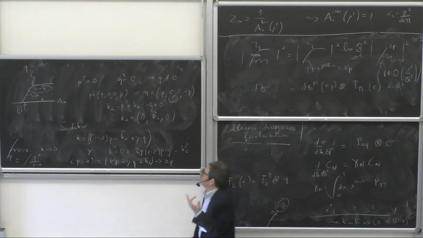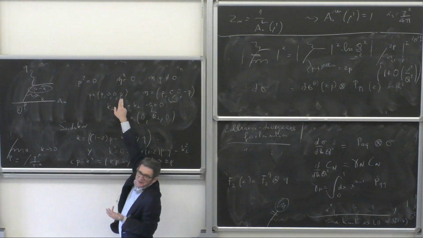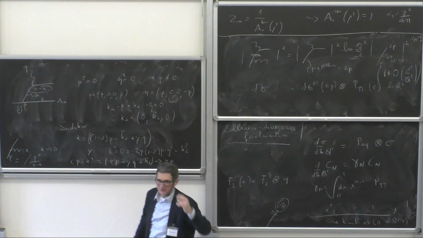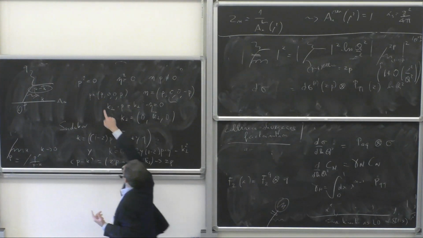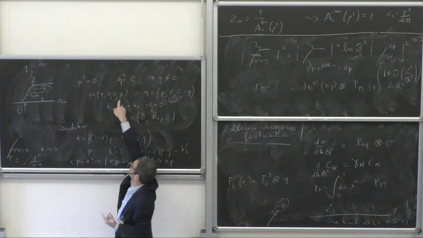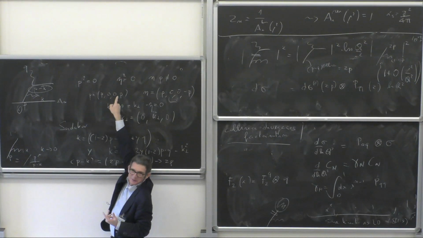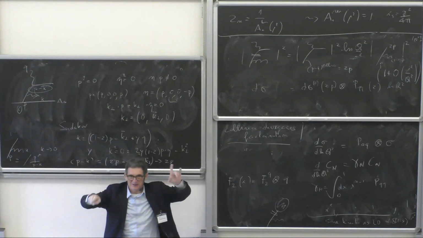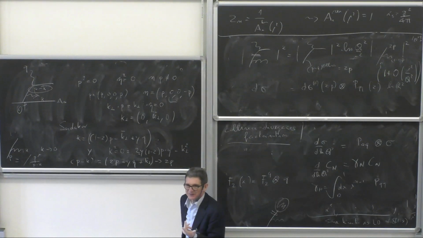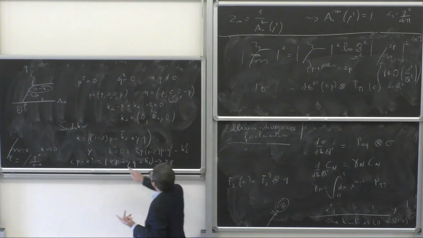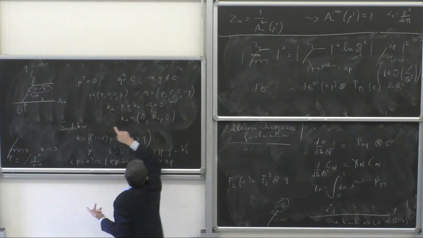Of course, you don't have to take this along the z-axis, but just to understand what I'm saying. So these are 2 basis vectors, which are like, if you want, energy and the third component of momentum, except that I'm trading them for these 2 light-like vectors. And then I have 2 more basis vectors, which I define as the 2 vectors that are orthogonal both to P and to eta.